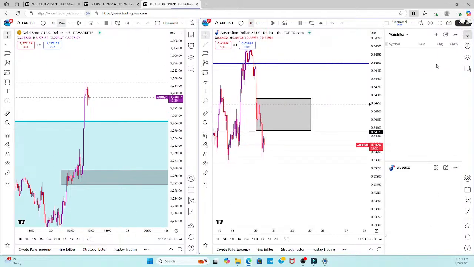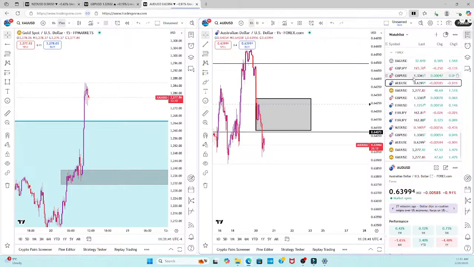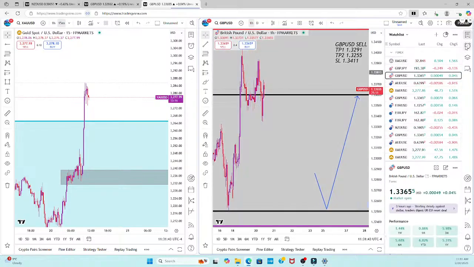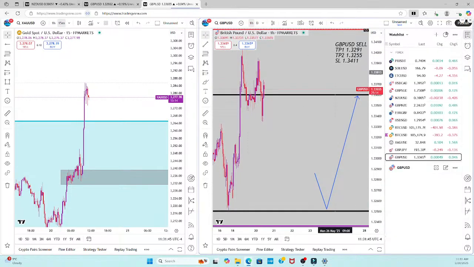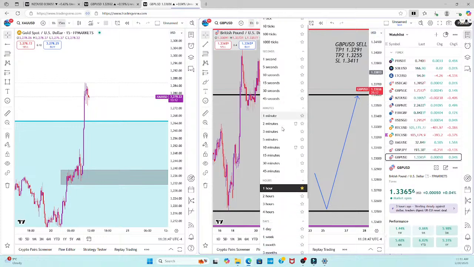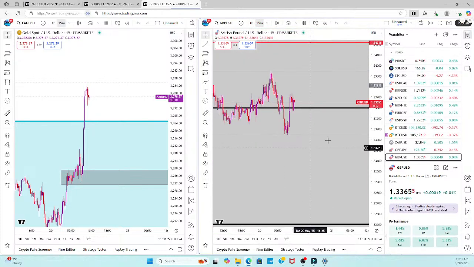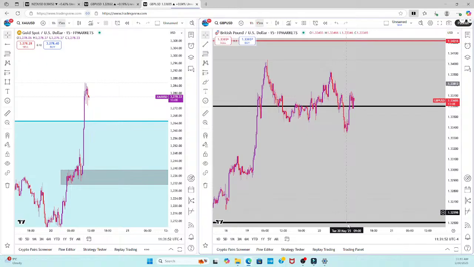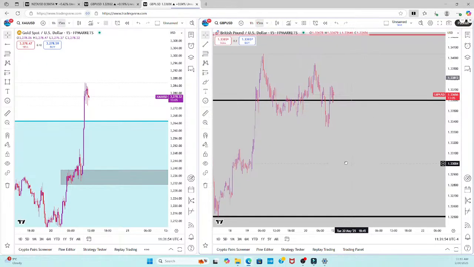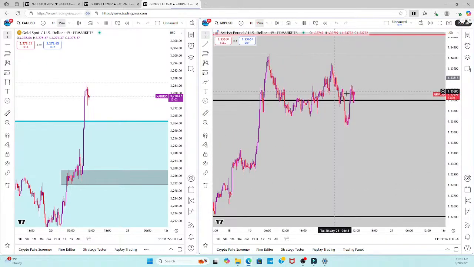All right, and then we've analyzed GBP USD, which should sell, but the price is also not moving. Usually this time around the market tends to not move as much, but yeah, that's pretty much it. It's not moving.